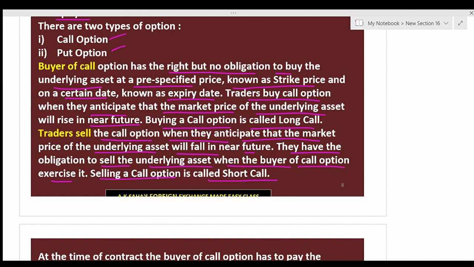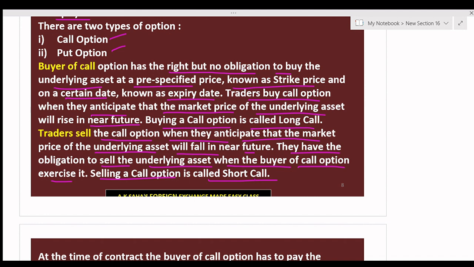Now, if the market price of the land increases, then the trader will buy the plot from the seller at rupees 10 lakhs and sell it to a customer at market price which is higher than the buying price and make a profit.